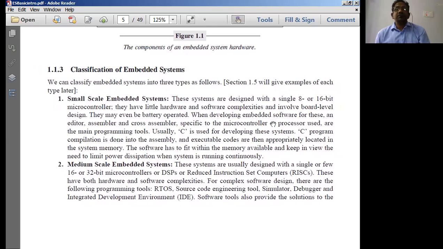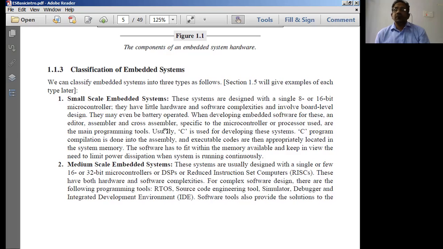Now these systems, as they are small scale, are designed with 8-bit or 16-bit microcontrollers. Microcontrollers are preferred over microprocessors in embedded systems. The reason we will come to know when we discuss microcontrollers in detail.